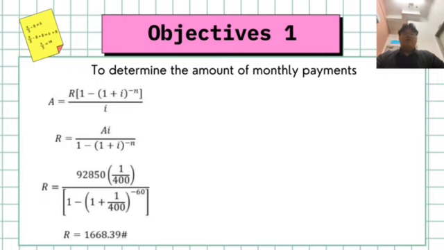R equal to 92,850 ringgit times 1 over 400 over (1 minus (1 plus 1 over 400) to the power of negative 60), and R equal to 1,668 ringgit and 39 cents.